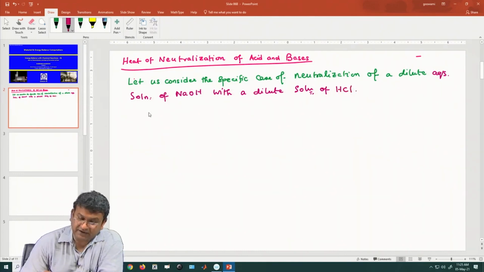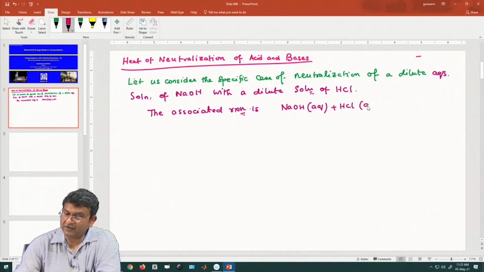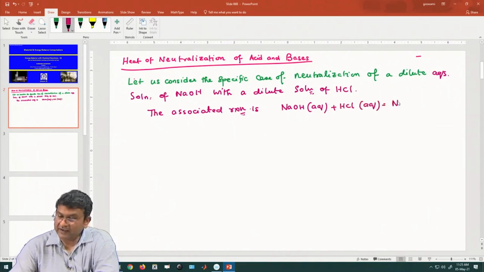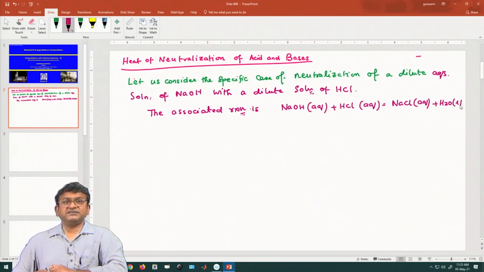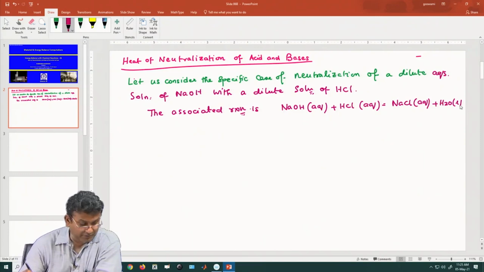So, the associated chemical reaction is, of course, we all understand: NaOH aqueous plus HCl aqueous leading to NaCl aqueous plus H2O liquid. So, there is nothing exceptional or great in this whole concept, we all know about it.